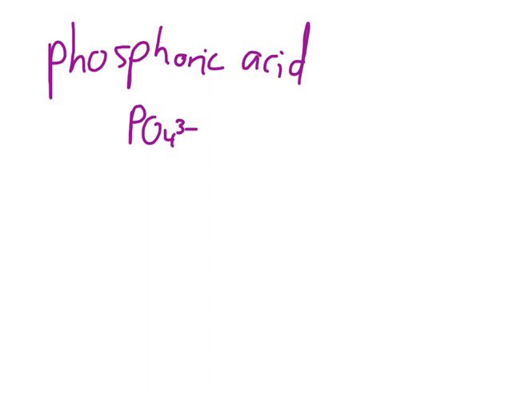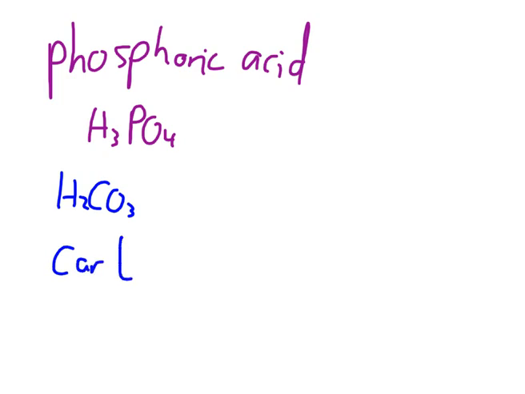Well, how many hydrogens would balance that out? Probably 3. H3PO4 would be phosphoric acid. If I gave you H2CO3, what would it be? CO3 is carbonate. Ate ends in ic, so carbonic acid.